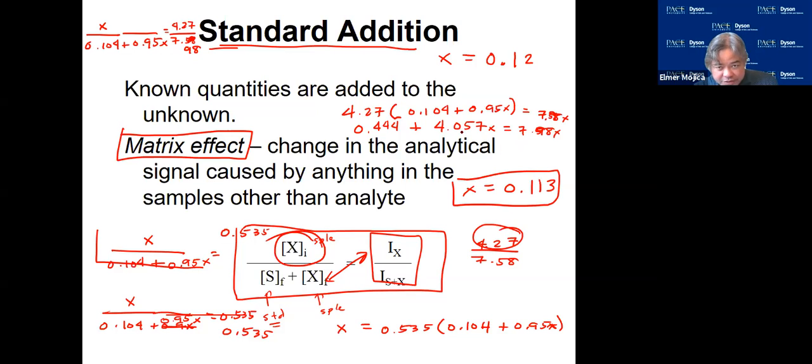So if you look at this, what do you get here? 7.98 minus 4.057, so you get 3.923x. And you have here 0.444. So you divide both sides by 3.923. You get around 0.113.